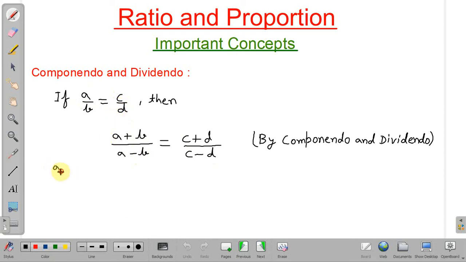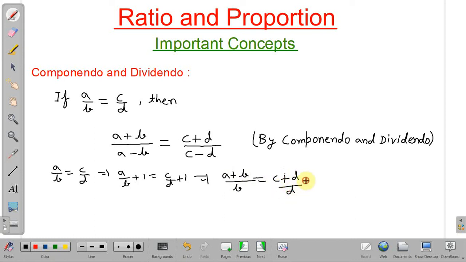Suppose your ratio A by B equals C by D. If we add 1 on both sides, it will not affect the relation. A by B plus 1 equals C by D plus 1. So this will give you A plus B divided by B equal to C plus D divided by D. This is our equation 1.